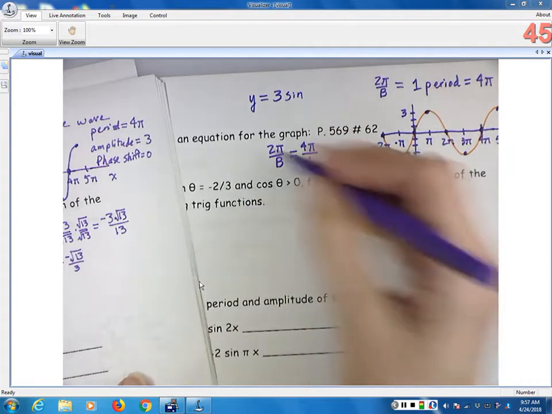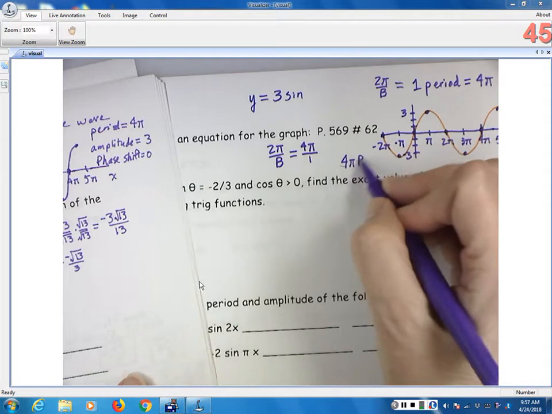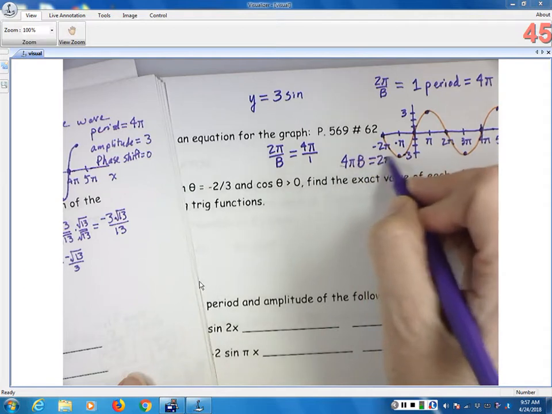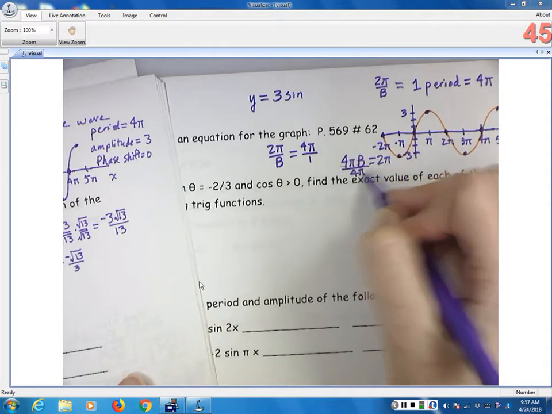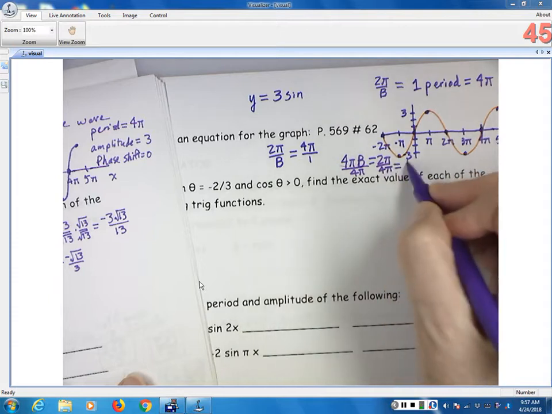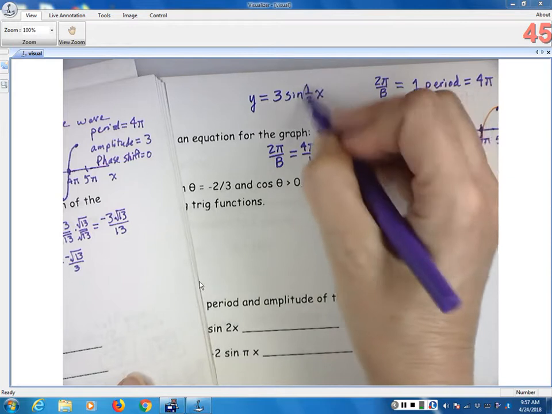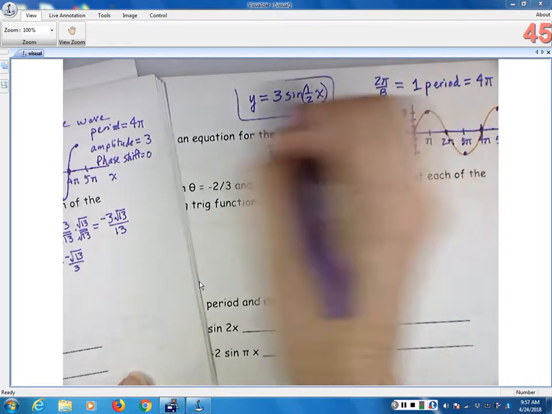If I cross multiply, I get 4 pi b equals 2 pi, and divide by 4 pi. B is a half. So there's our function.